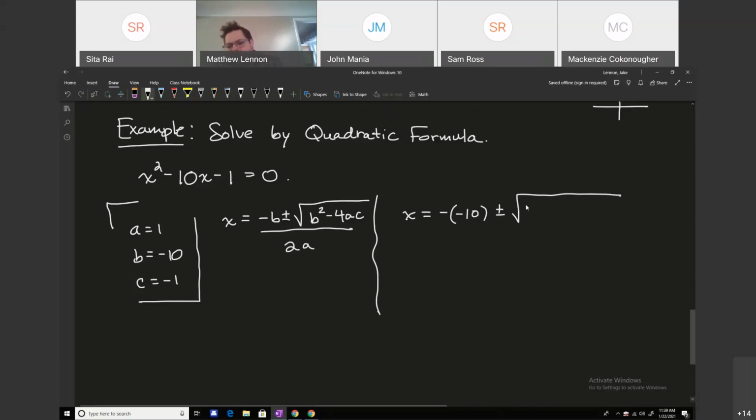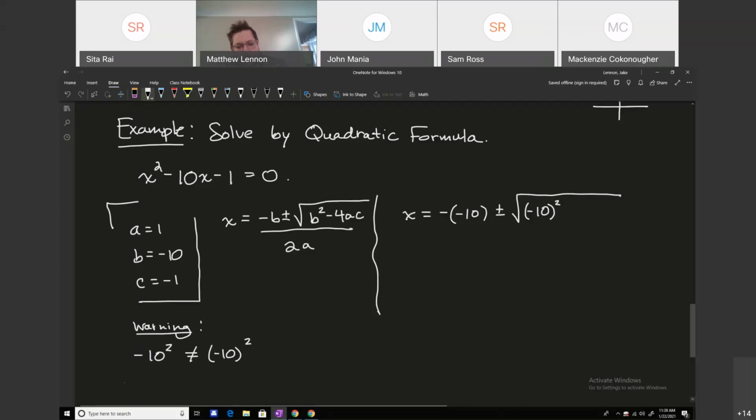So I will say this is one area where people often make a mistake. B squared, you have to put that negative 10 in parentheses. Here's kind of like a warning. Negative 10 squared is not the same thing as negative 10 squared, right?